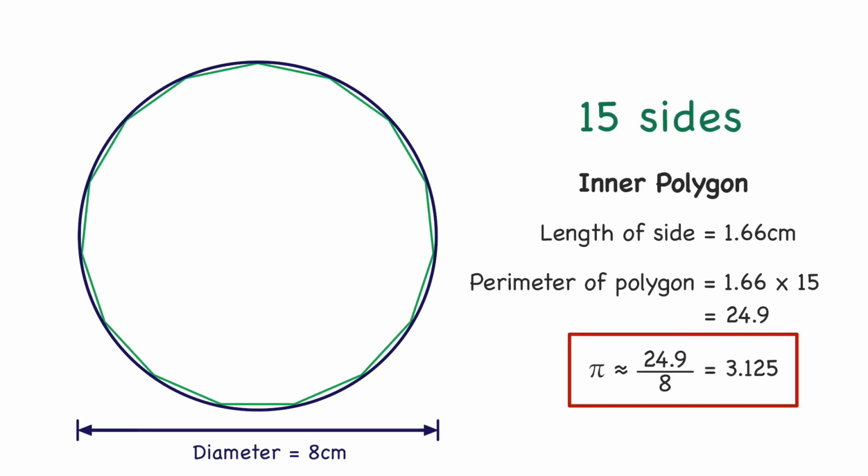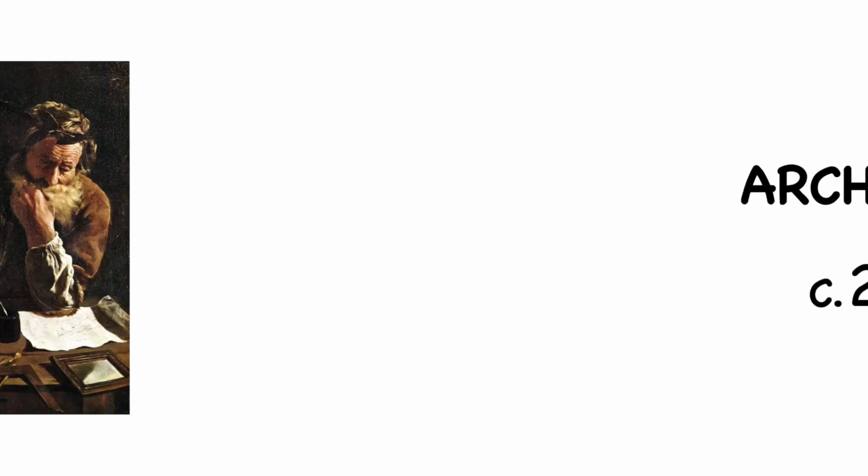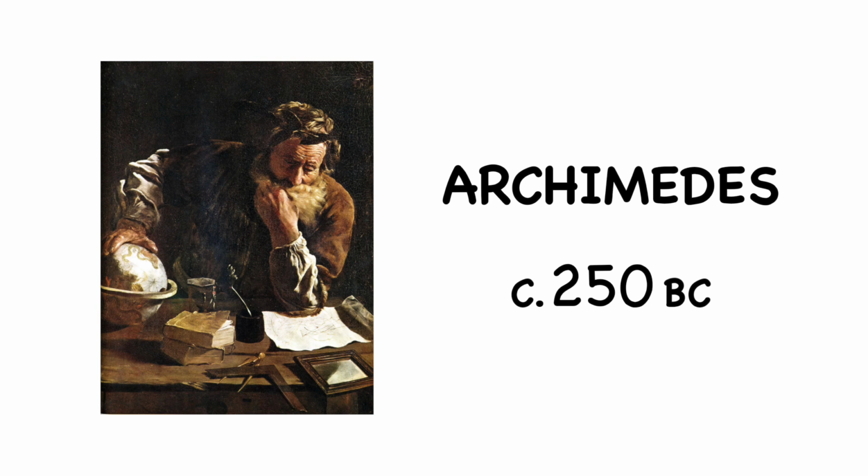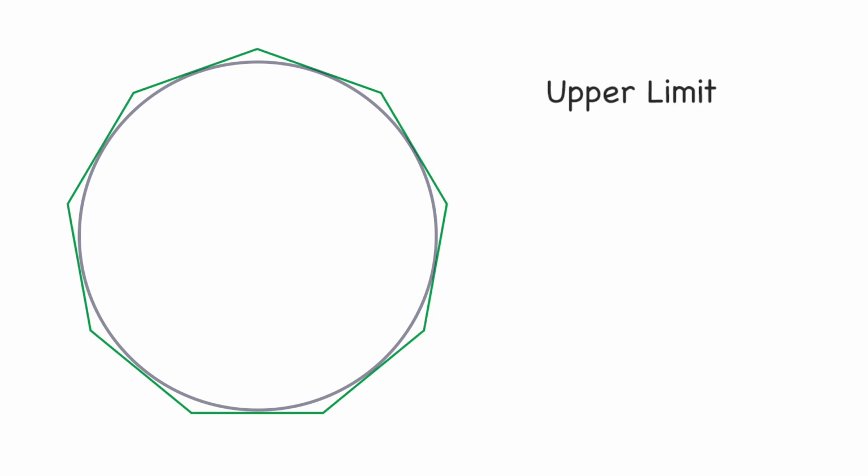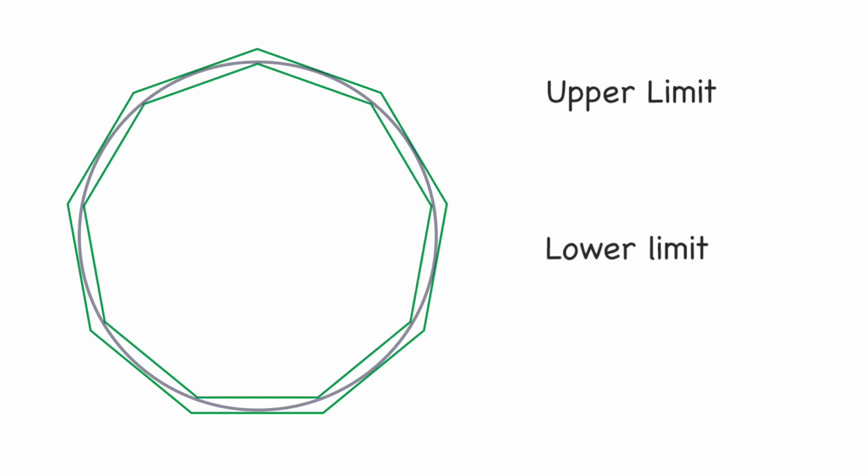And it was this method of exhaustion that was used by Archimedes at around 250 BC and was one of the first to explore pi in any great detail. He drew regular polygons outside and inside of a circle to create upper and lower limits for pi.